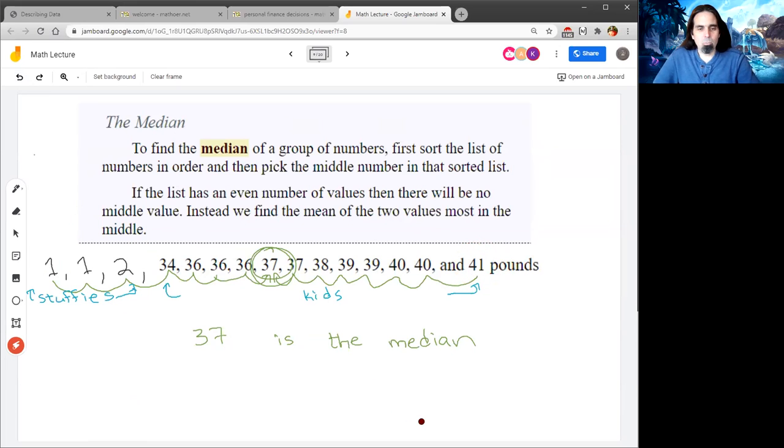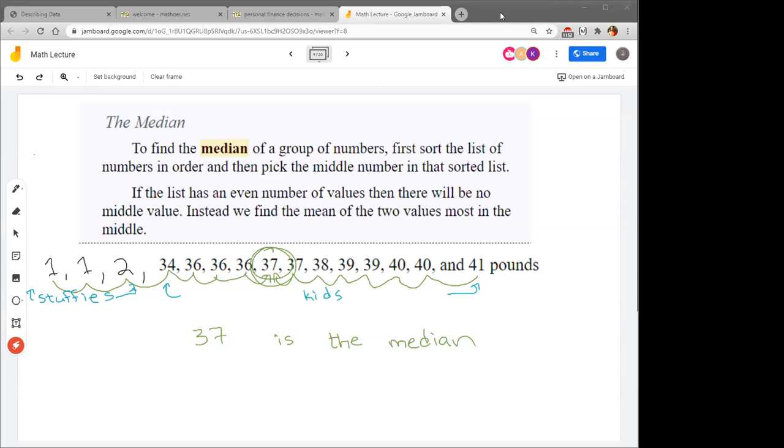So what are some realistic situations where people would want to use the median instead of the mean? It seems like if you were thinking about age, it might be better to use the median.